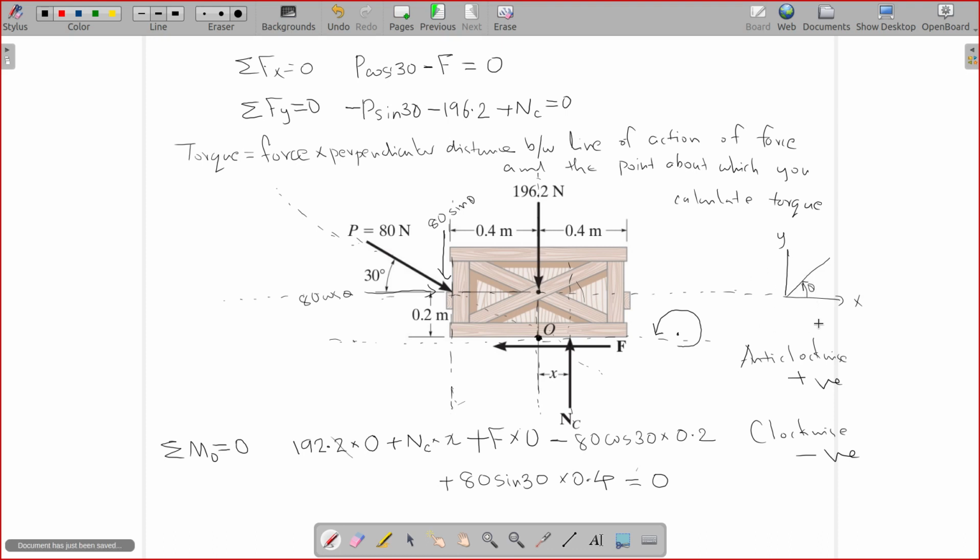So anti-clockwise is generally considered positive. That is just the convention. If you want, you can take clockwise positive and anti-clockwise negative. No issue. You will still get the answer, but you should be consistent with your sign convention. Whatever convention you take, stick to it. Don't change it. If you are consistent, you will get the right answer.